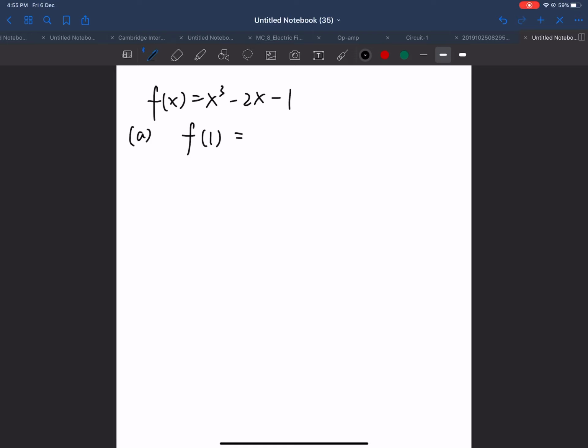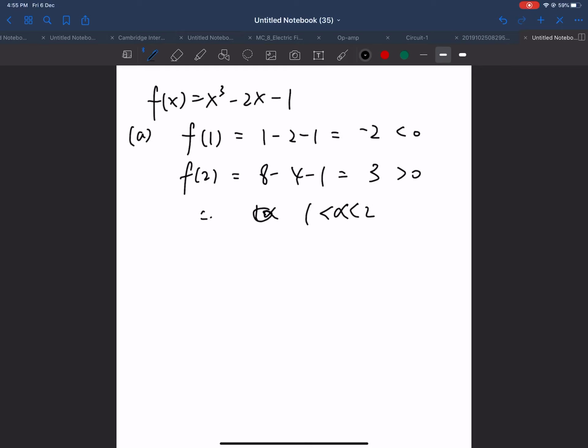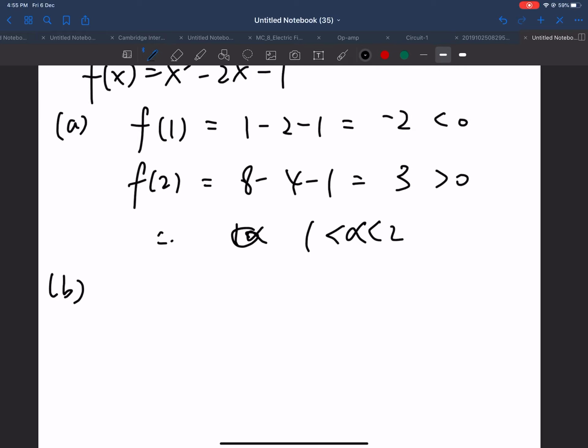So you put in 1, 2, therefore the solution is within 1 and 2. Done already for part A. You get the idea.